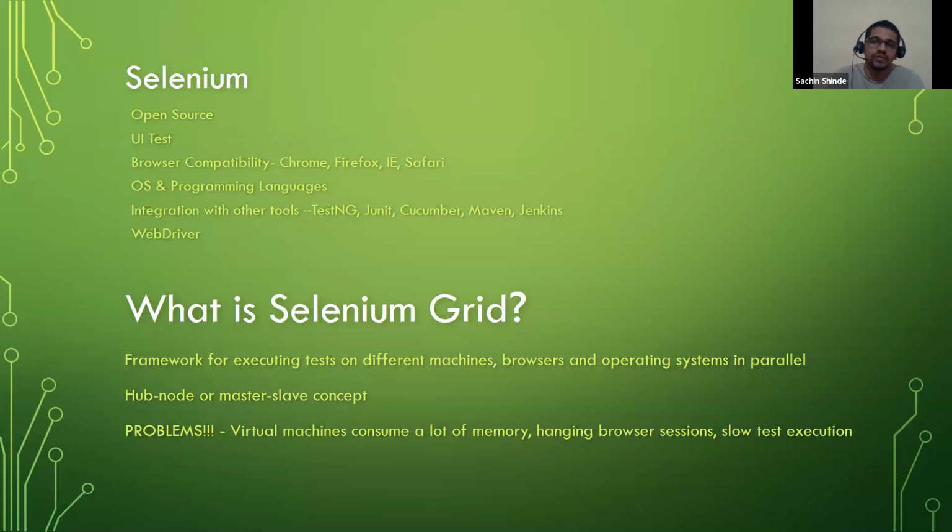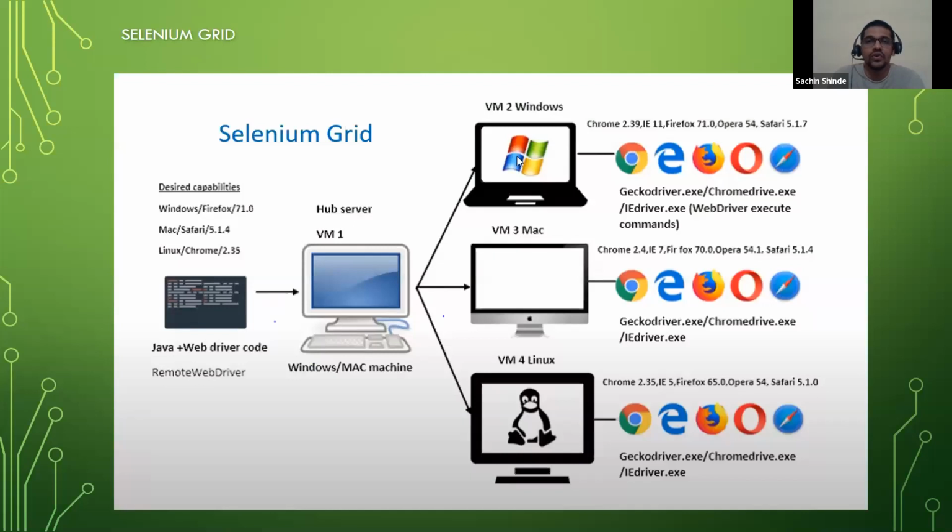Docker is nothing but a containerized solution. Sorry, I just missed a slide. So this is how the Selenium Grid looks. It has a hub and a server, which I just mentioned, and it will let you execute in parallel. The only thing I missed is the operating system.